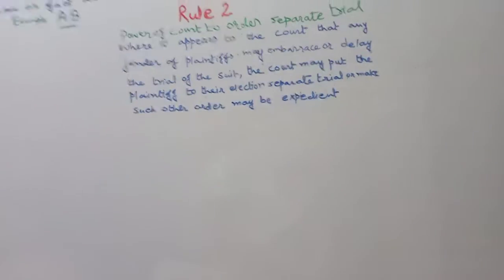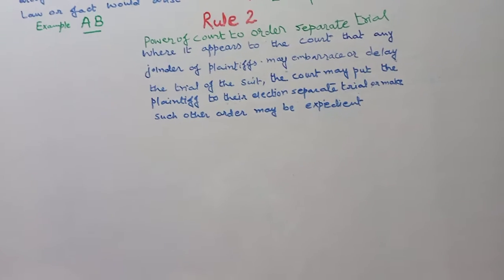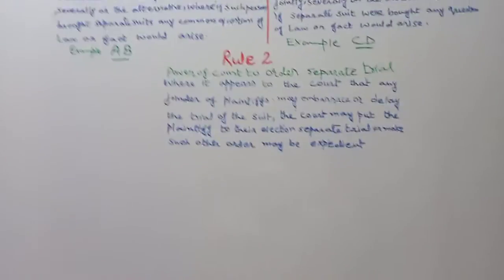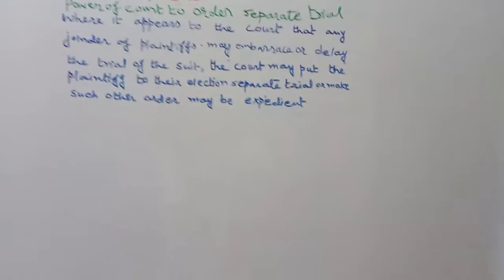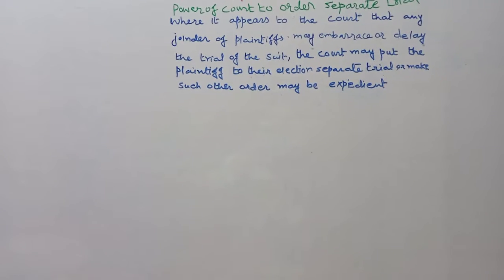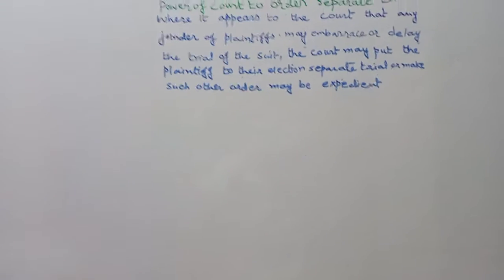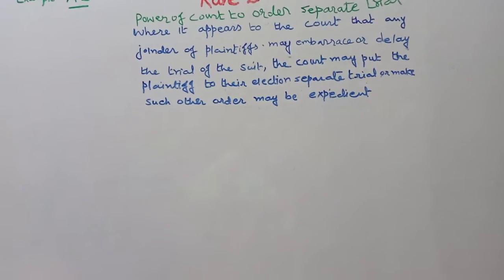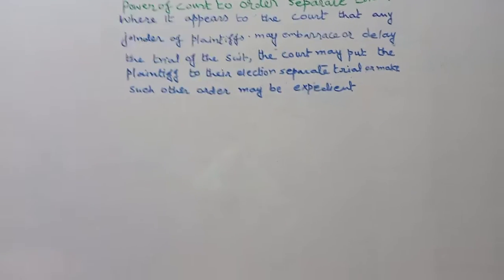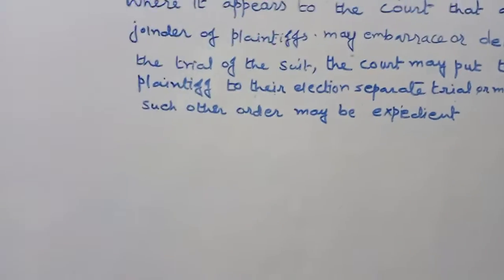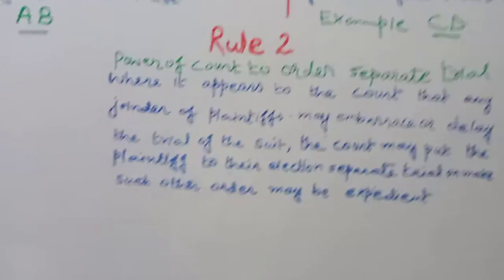They are saying that Rule number 2 is saying if it appears to the court that plaintiffs are delaying the trial in the suit, and they are not coming, and they are delaying the trial, so the court may put plaintiffs to their election, separate trial. Then the court can pass an order for separate trial, or other orders. Of course, the court can pass other orders also.